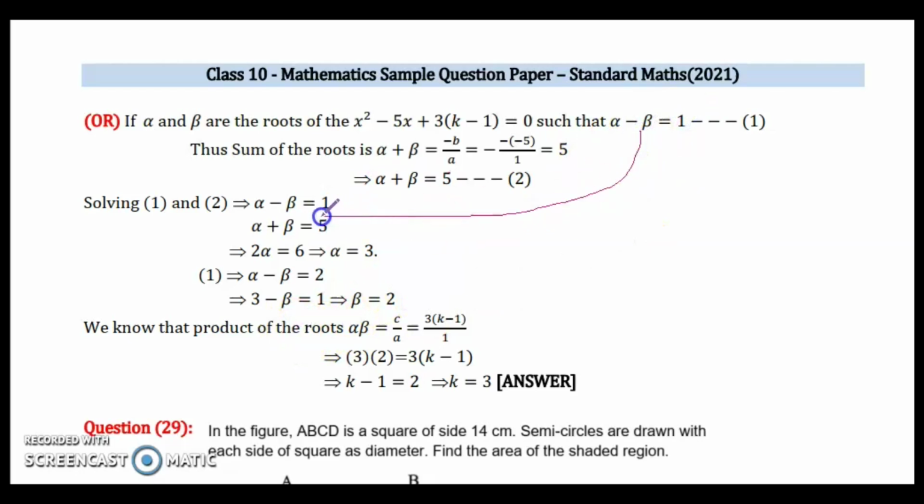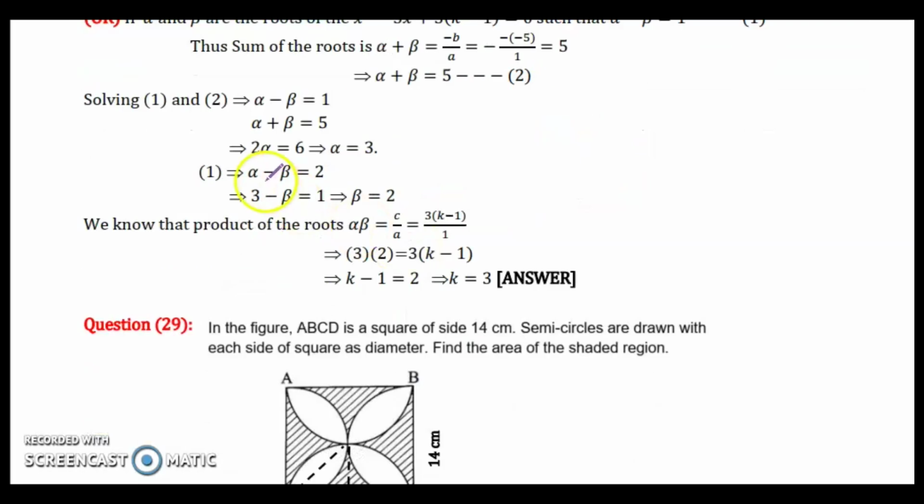Take these two equations, equation 1 and equation 2, and solve them. By solving we are getting alpha equal to 3. By substituting in one of the equations, I am putting in equation 1, that is alpha minus beta equal to 1, we are getting beta equal to 2. Therefore we are getting two answers, one for alpha and another for beta.